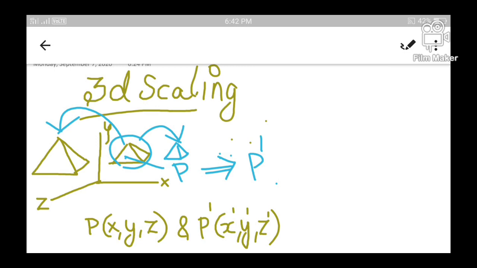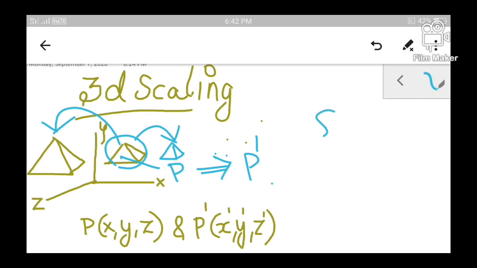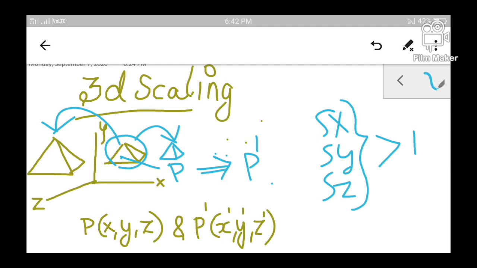Now one more thing, the point that you have to remember while performing 3D scaling is that if the scaling parameters sx, sy, and sz, all these scaling parameters are greater than 1, then definitely the size of the object will increase.